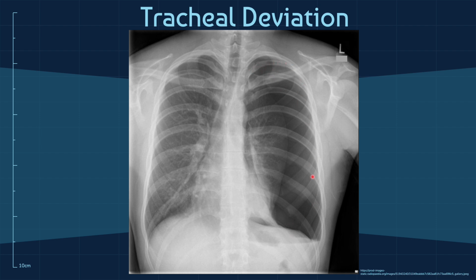And this tension pneumothorax is obvious because we can see a visible visceral pleura with this very thin, sharp white line. And we can see that there's an absence of lung vasculature beyond this line, which means that this is all air and this is all lung.